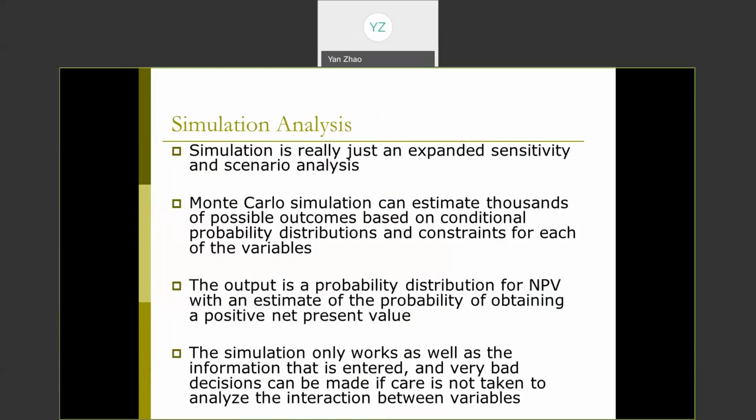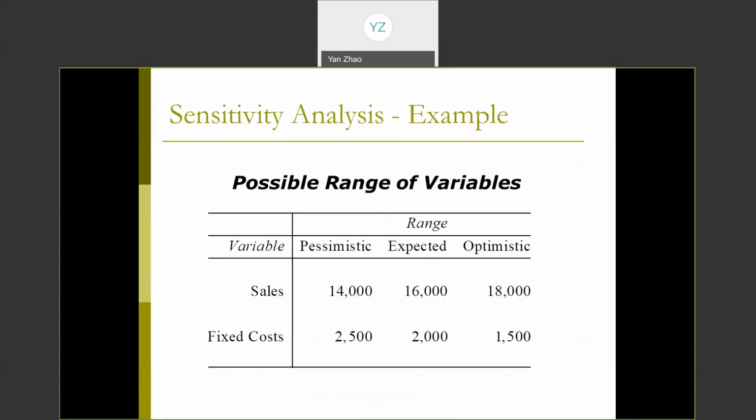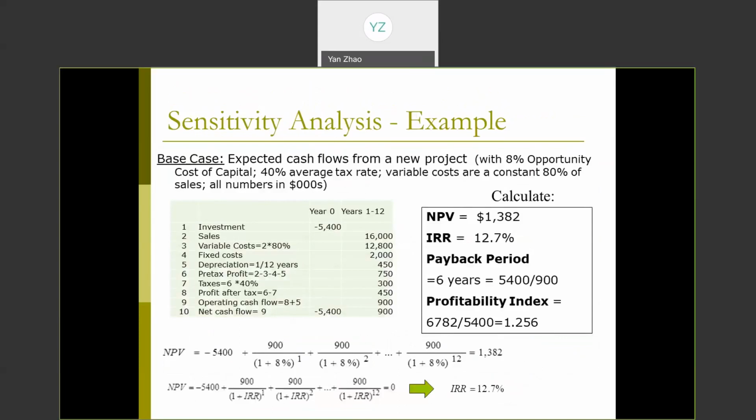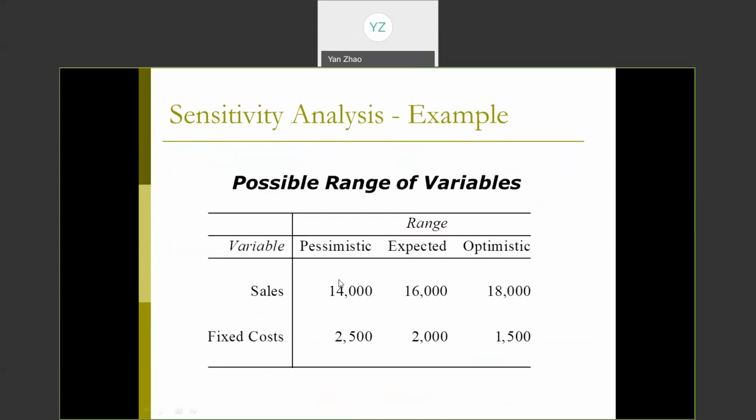Okay, so basically, if you look at the change of the variables, I used $14,000 and $18,000 as an example to illustrate how we will redo the net present value. Similarly, $25,000, $20,000, and $1,500 are just some random numbers I think of.